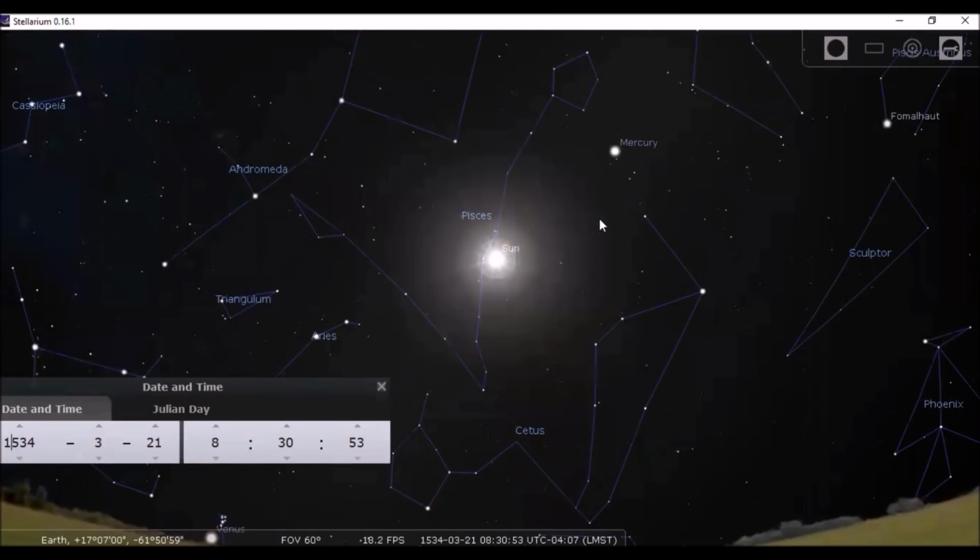500 years ago, on the same day, the 21st day of March, the sun was perfectly in the constellation of Pisces. Was not sharing the energy of Aries, neither sharing the energy of Aquarius. So it was positive that we were at the peak of the Pisces age, the peak of the Pisces age in 1534.